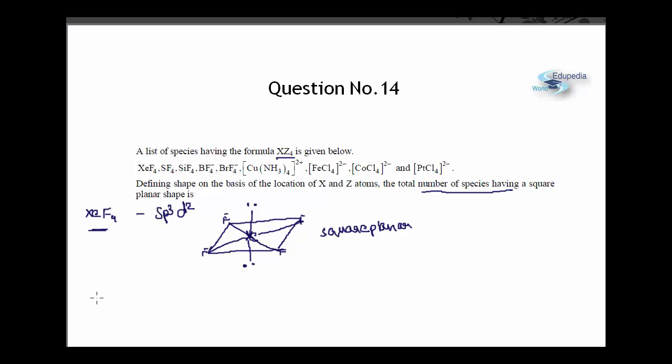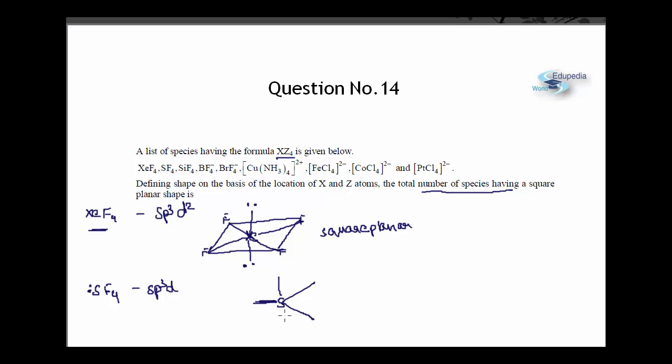Let me look at the second one, SF4. Now SF4 will be an sp3d hybridized structure because it has four bond pairs and this sulfur will have one lone pair. Okay, so steric number will be 5, and sp3d geometry with one lone pair will give us a seesaw type of structure. So clearly this will not be a square planar structure.